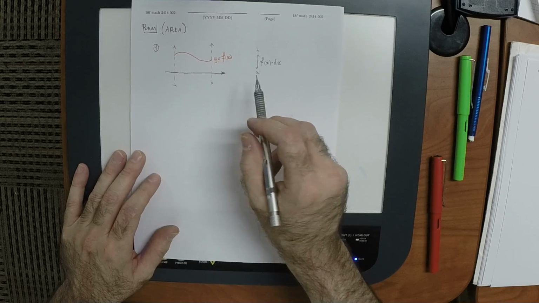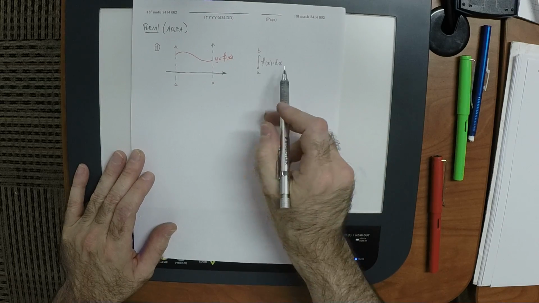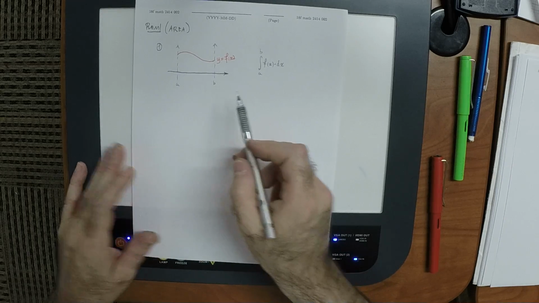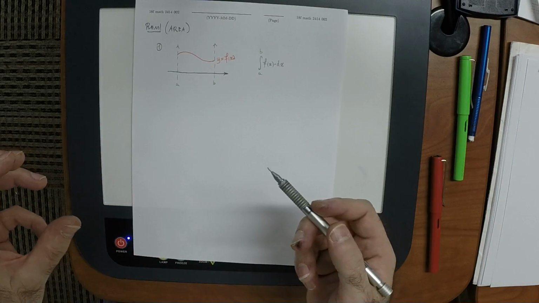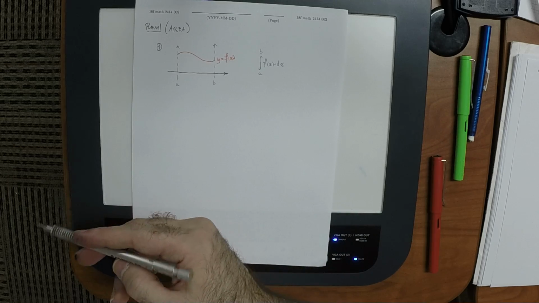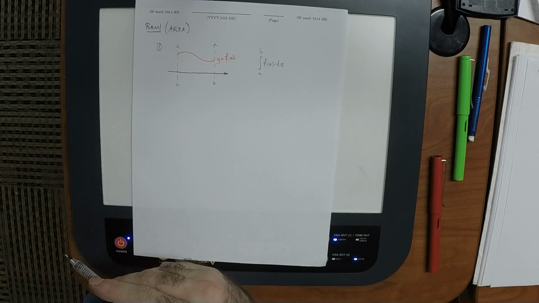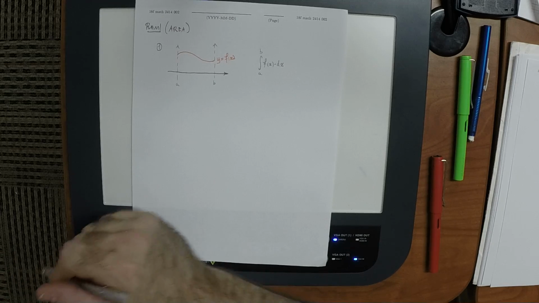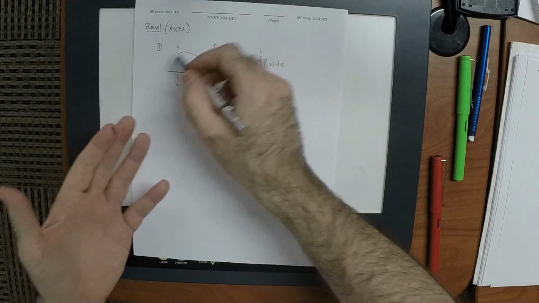So what this formula is saying is you're summing up infinitely many infinitesimal rectangles. We're cutting that area into rectangles, making an approximation, and then letting the number of rectangles become infinite, and the rectangles themselves infinitely fine.